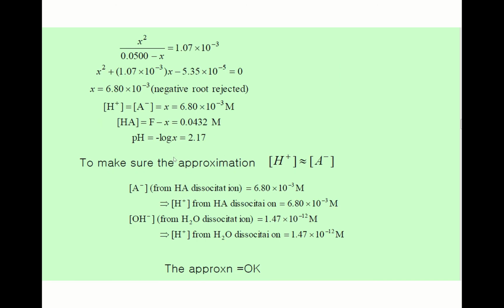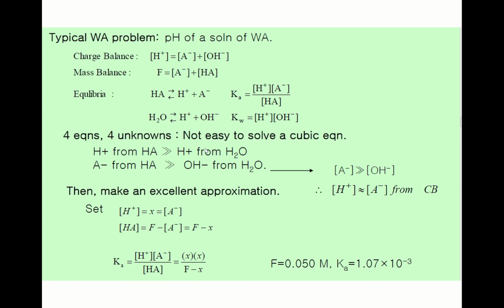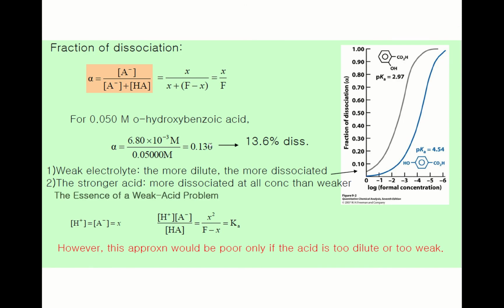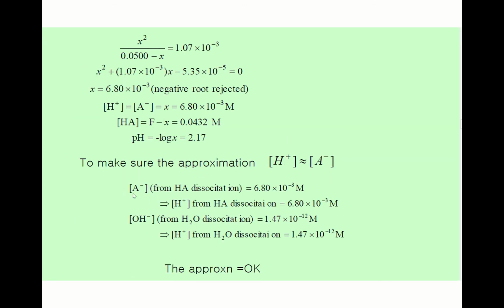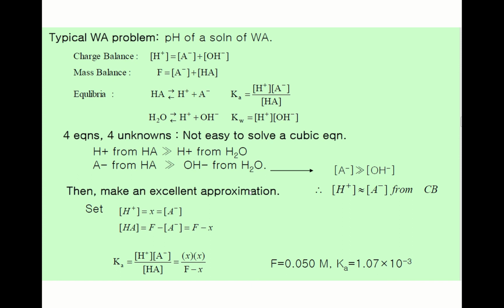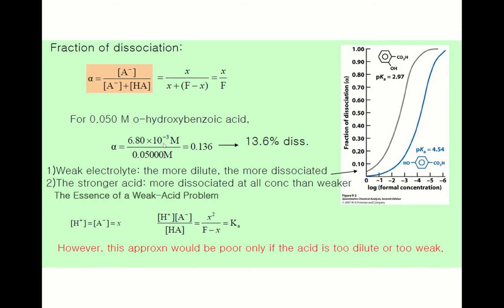Actually, we consider the equation for the dissociation of this compound, and then we got from here the concentration of A minus is 6.80 times 10 to the minus 3. Then it is 0.136, and 13.6% is dissociated.